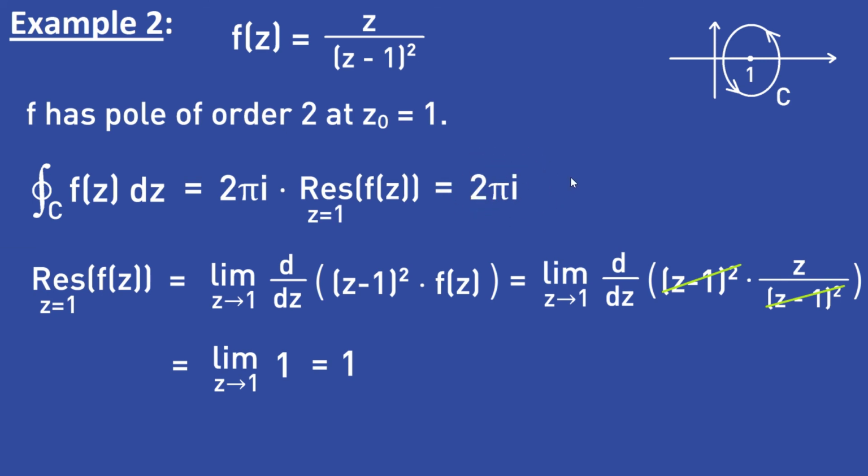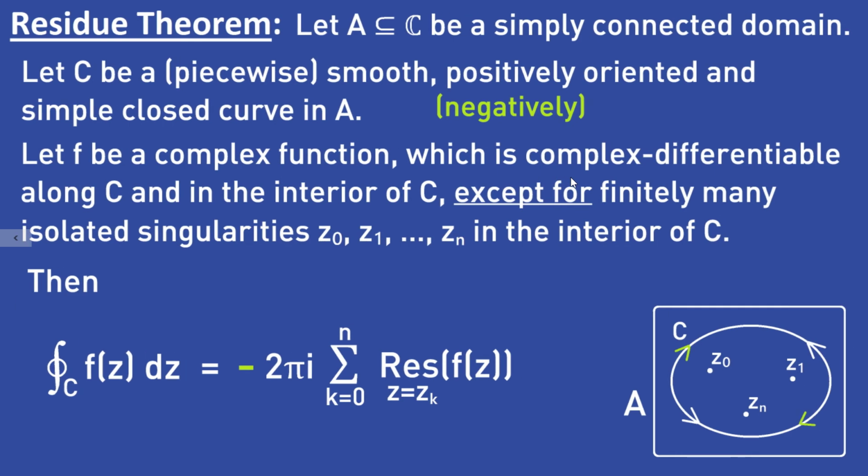Before this video ends, I want to show you the residue theorem again. If you have a piecewise, smooth, positively oriented and simple closed curve, which has finitely many isolated singularities of some function f in its interior, you can evaluate the curve integral along that curve C by using this formula here.